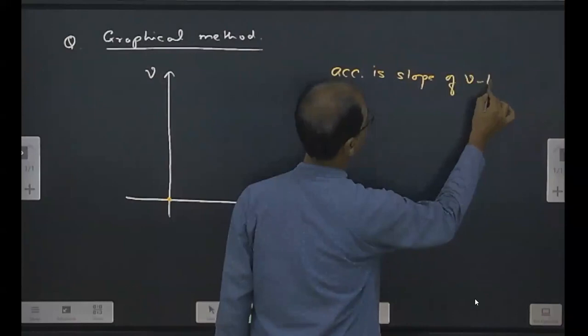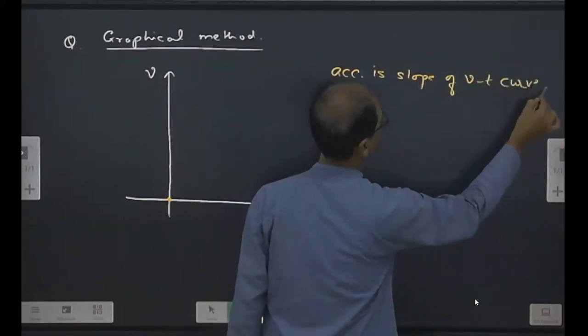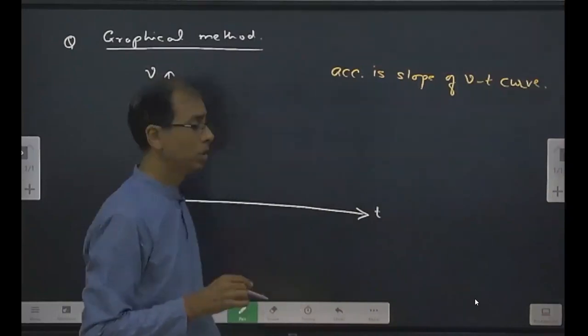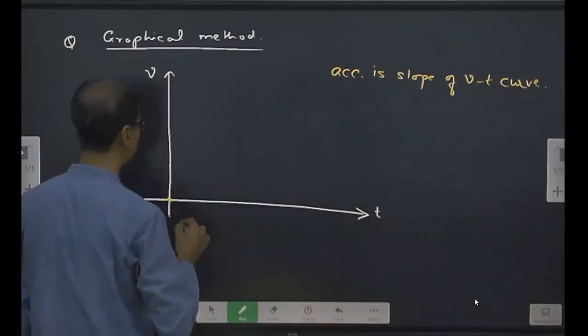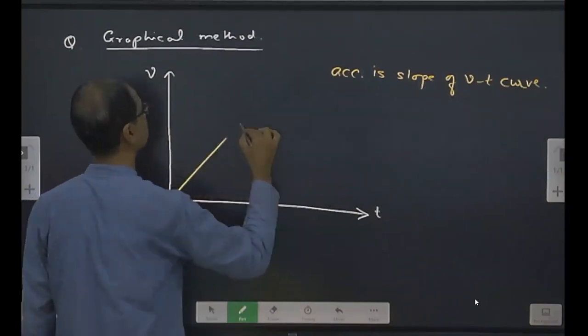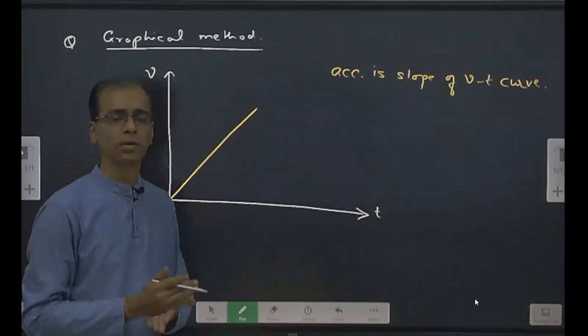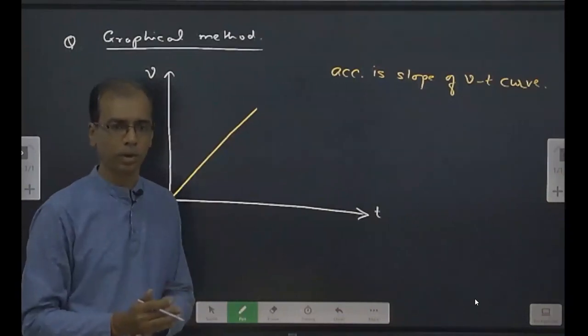And slope means tan theta. So how will the graph be? A straight line. Whenever slope is constant, the graph will be a straight line. Okay, done.